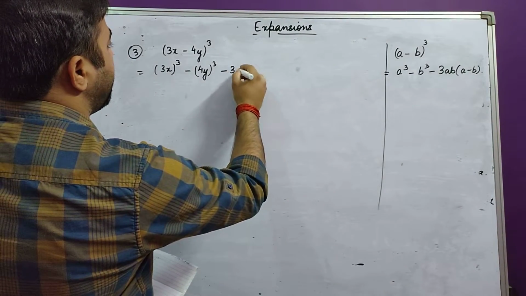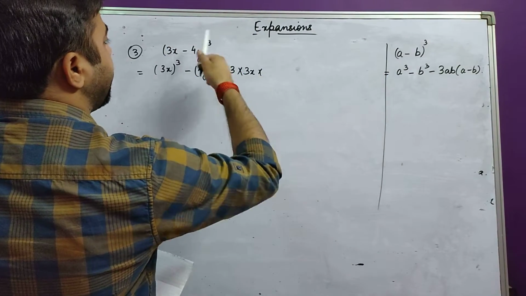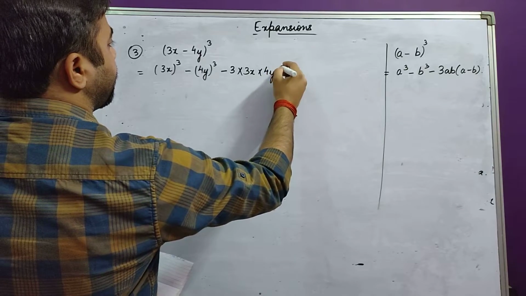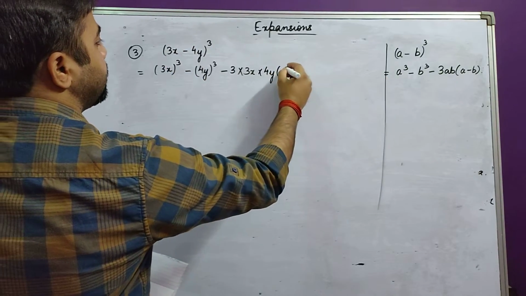Minus 3 multiplied by the first term multiplied by the second term. Within the bracket, what will it be? A minus b, that is the first term minus the second term.